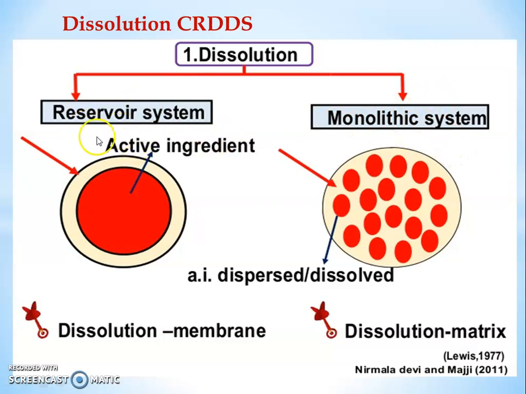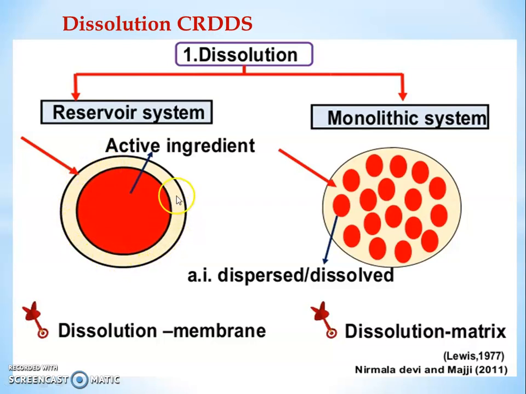First we'll discuss the reservoir. This reservoir system is also called a membrane system, or an encapsulated system. Here the drug may be encapsulated with a polymeric membrane. This is the outer part, the polymeric membrane. So the drug is encapsulated by means of various types of polymers.